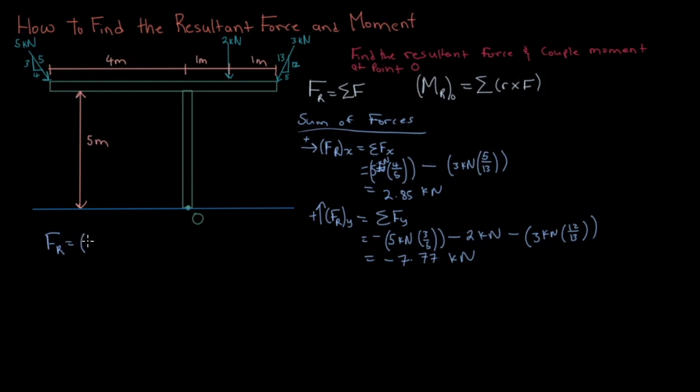So we would write 2.85, that's the x component, and we put an i right beside it, and then minus 7.77 j. j is for the y component, and then we would write kilonewtons. So this is Cartesian vector form.